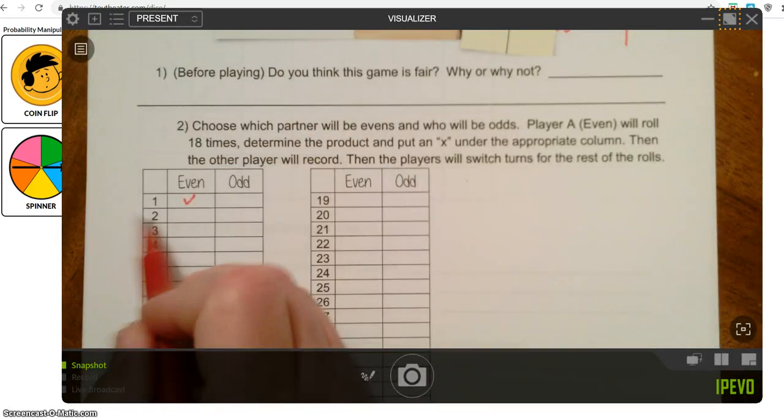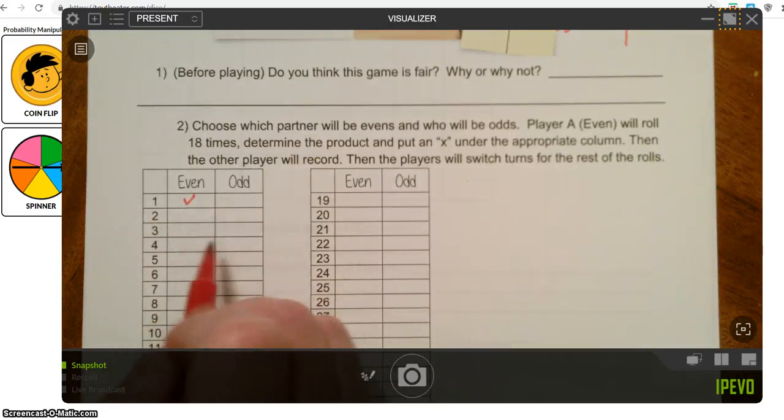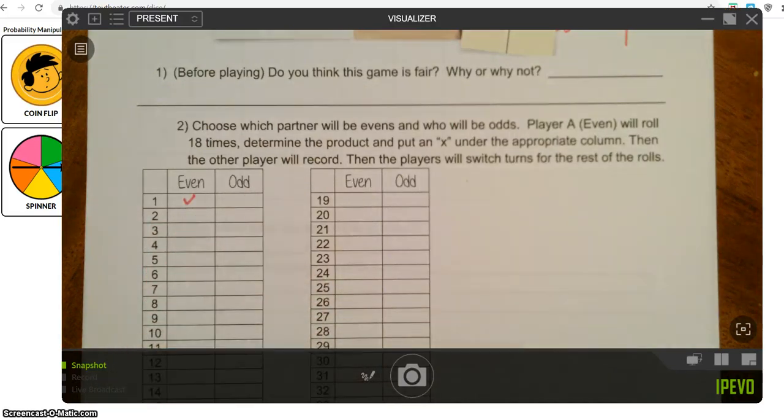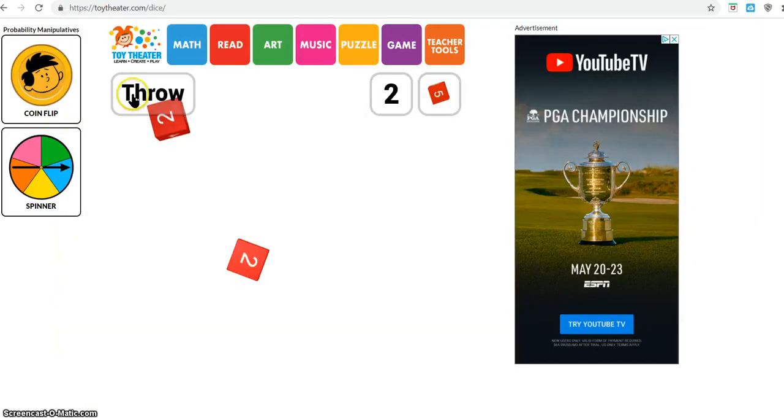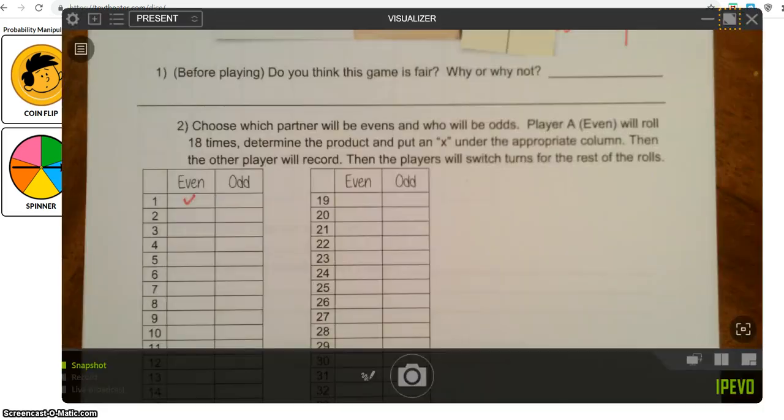Okay, now we're to the second row. So each line will have 1 check. So I'm going to try again. Throw 2. And this is always a 6, guys, never a 9. That's why the dice roll are like this. So 6 times 4. 6 times 4 is 24.